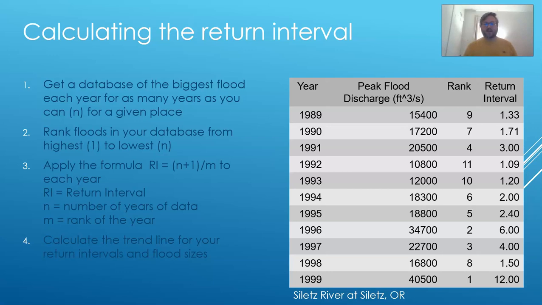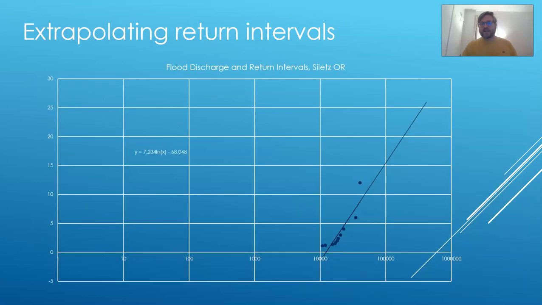Now, we only had these 11 years of data here. So we can only directly calculate the height of a 12-year flood because we've only got 11 years to work with. However, because these floods tend to follow predictable patterns, we can use a trend line to calculate the likely size of floods with longer return intervals based on this data.